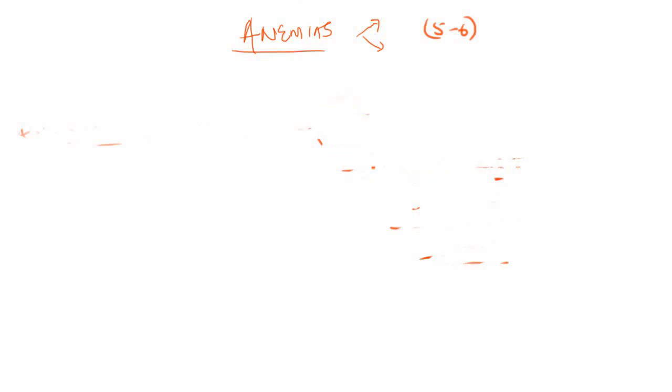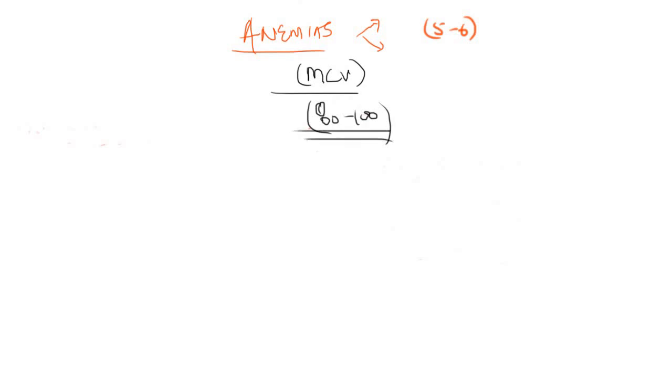Now let's go ahead and try to find out what is this MCV and what do you do with this MCV in the real exam. So MCV is a parameter which will give you an estimate regarding the size of the RBC. Normally the normal MCV is between 80 to 100, and in case the MCV is less than 80, the cells are a little smaller than the normal and they are called microcytes.